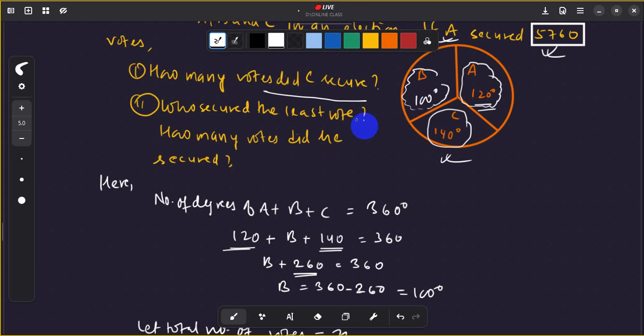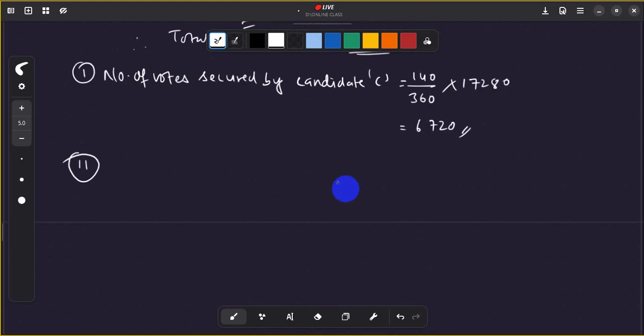The number of degrees of B is 100, which is the least among A, B and C. A is 120, C is 140 and B is 100. So that is why you can say B secured the least vote. You can directly write here that B secured the least vote.